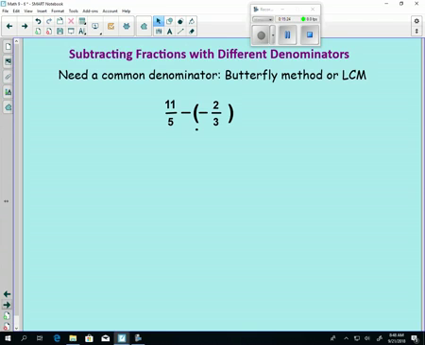Subtracting, if we're going to use the butterfly method or the LCM, remember that when we have a negative and a negative, the rule is that we can change it to positive.